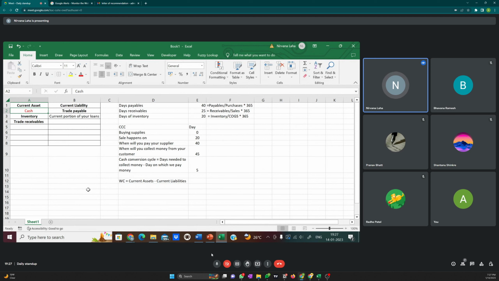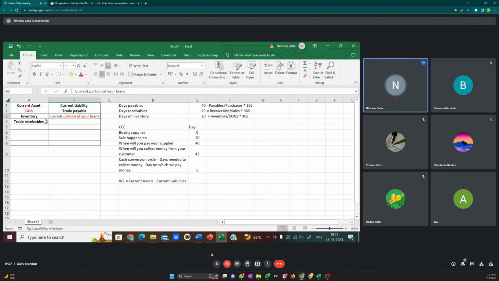You're keeping it on your own. If your cash balance increases, it is not actually hurting you. So when calculating this formula, cash is generally not considered, and in current liabilities, the current portion of your loans is usually not considered.